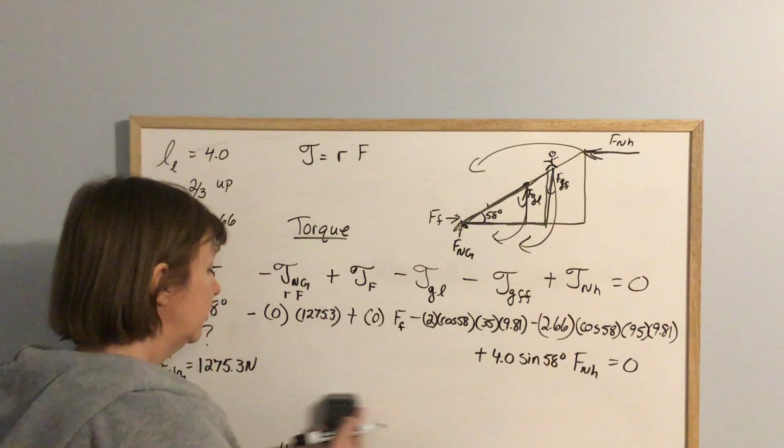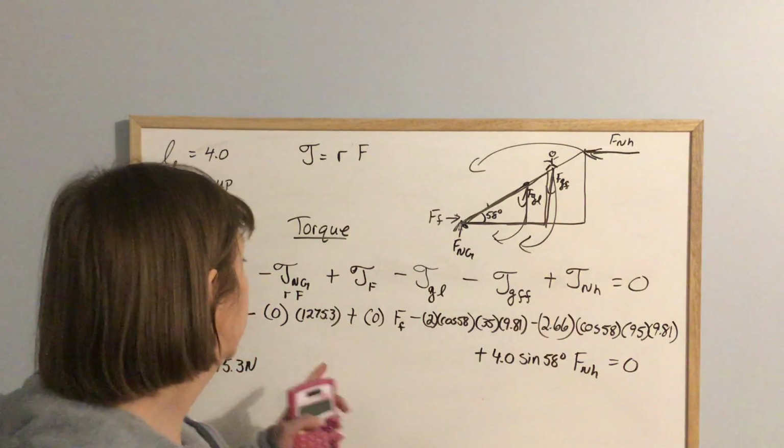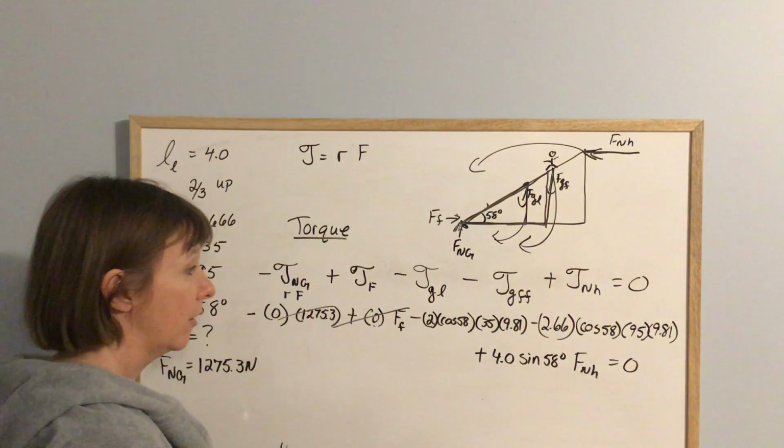So now this is an algebra problem because I only have one unknown in this whole thing. Because this is 0, it's gone. This is 0, so that's gone.